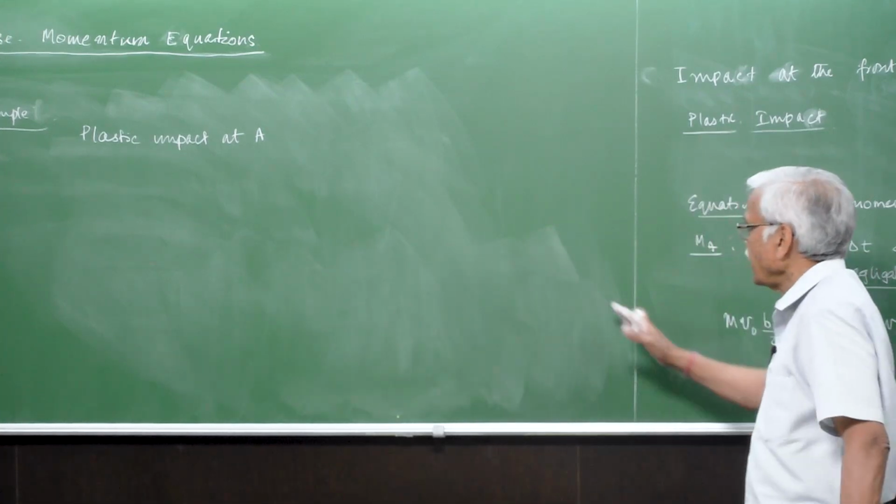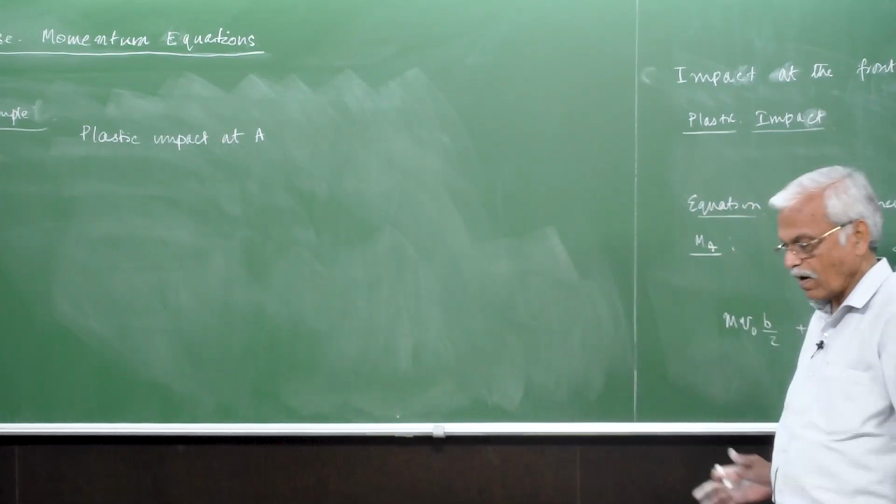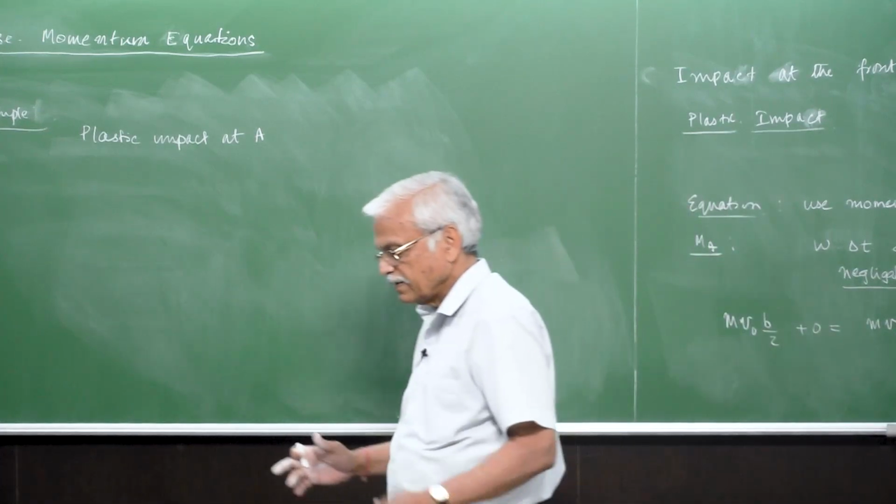So here we know that it is the ground against which the corner A is impacting.